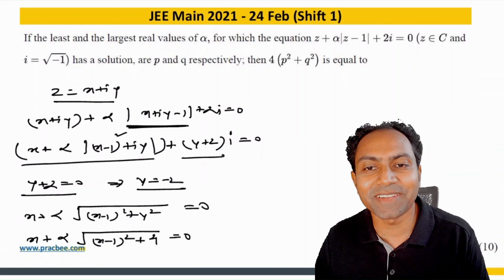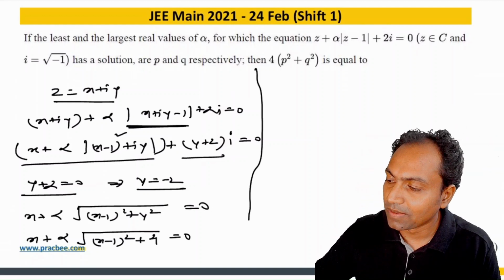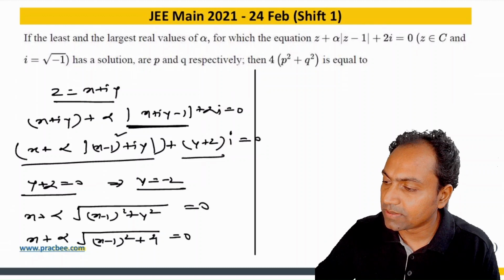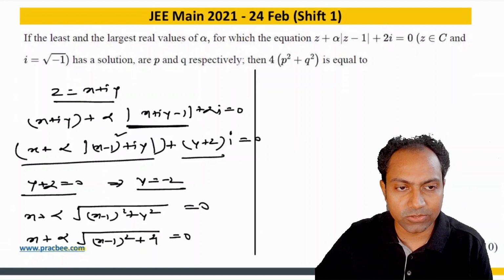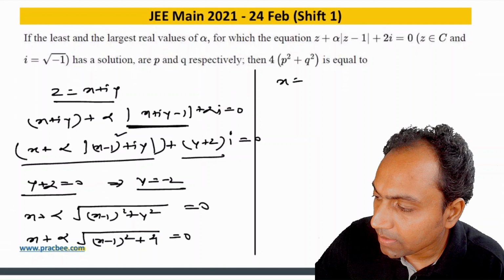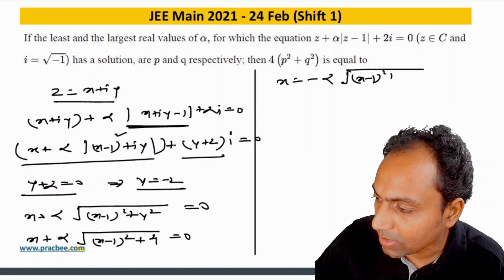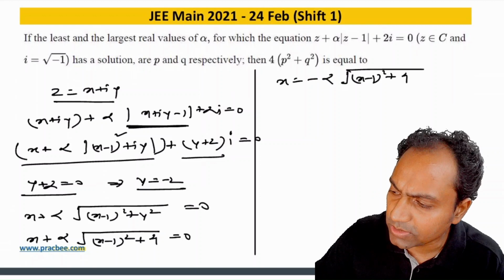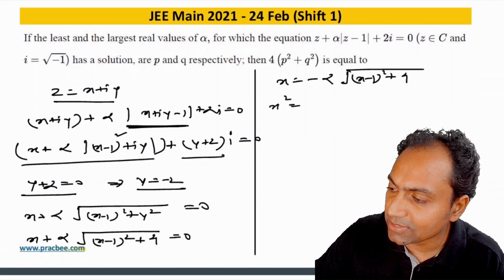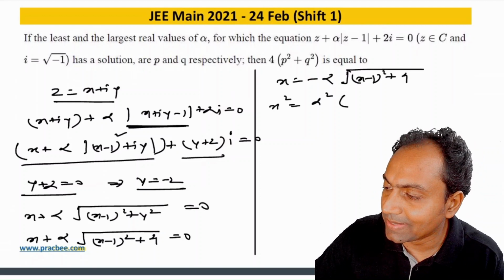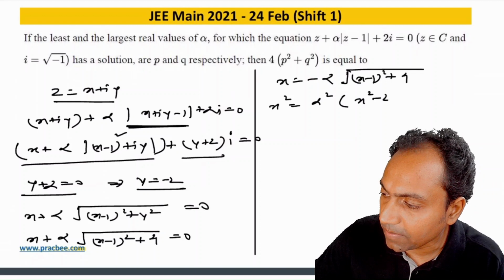Now in order to find the greatest and least value of alpha, I can do some minor calculations. I can take minus alpha root of (x minus 1) whole square plus 4 on the right hand side and square both the sides. So this becomes x square equals alpha square times (x square minus 2x plus 5).